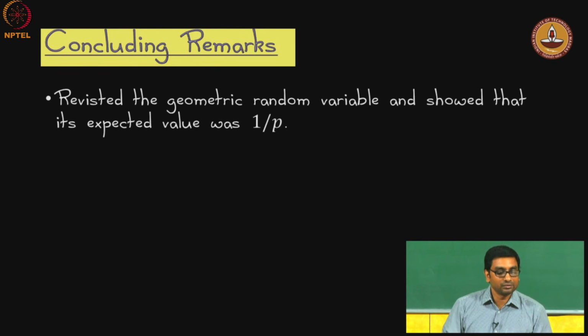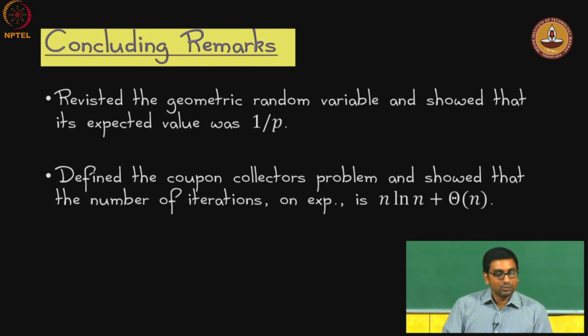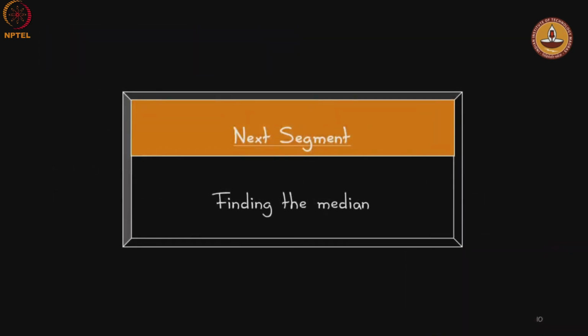Just to remind ourselves, we revisited the geometric random variable, showed that the expected value is 1 over p when the parameter is p, and we looked at the coupon collector's problem, and we showed that the expected number of times you need to buy the box of chocolates, if you will, is n ln n plus some theta of n. Next segment we are going to again look at something interesting, again an algorithmic problem, finding the median, or more generally the k-selection problem. Okay. Thank you.